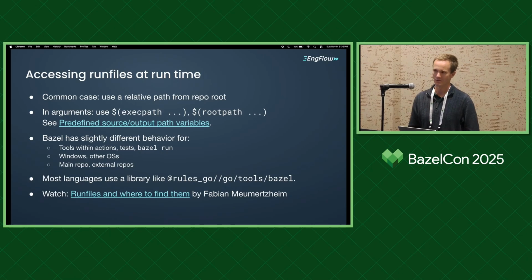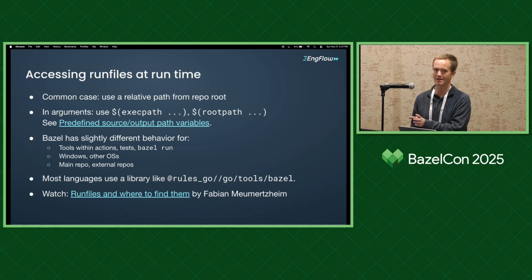Just to explain what Windows does: the Windows file system is very slow at lots of operations on small files. So instead of creating the whole runfiles tree, a directory tree of symbolic links, and symbolic links are also not allowed by default on Windows, you have to go into settings and turn that on, Bazel on Windows writes out a runfiles manifest, a file that contains a map from the paths to the actual paths.